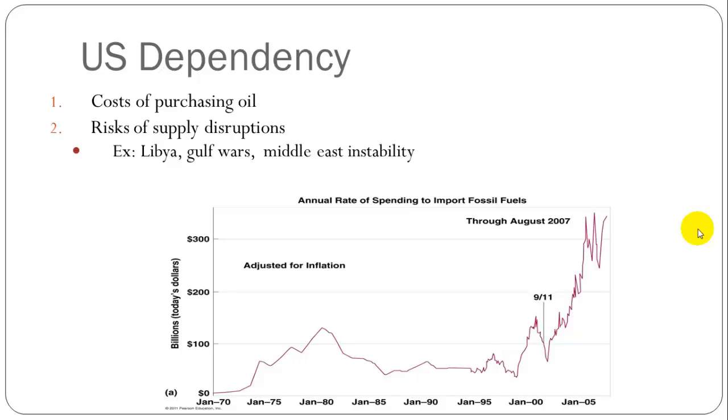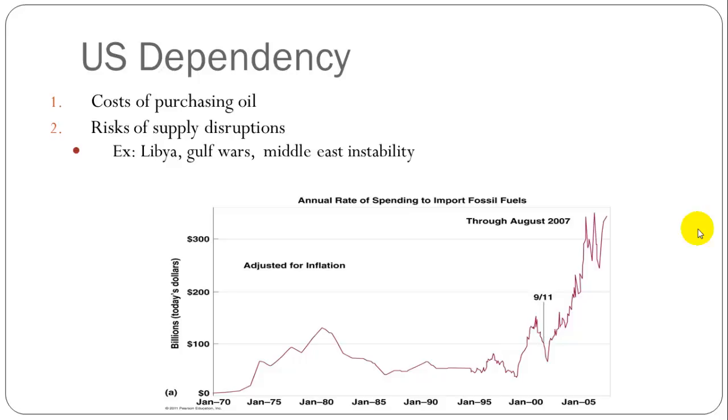If there is a threat of some sort of disruption in oil production, this can affect fuel prices, even if the actual supply is not affected. So any conflicts in the Middle East generally will cause a rippling effect on your gas prices.